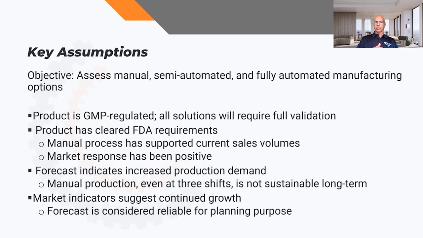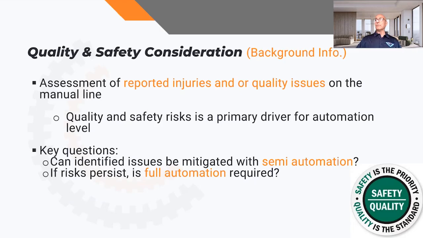Manual production, even at 3 shifts, is not going to sustain long-term production. The market indicators suggest that continued growth will be there, so the forecast is considered reliable for planning purposes.